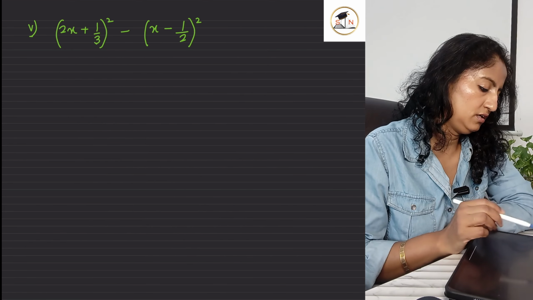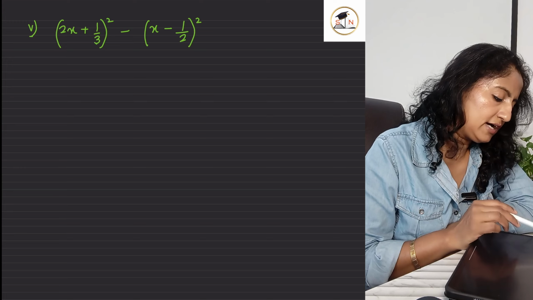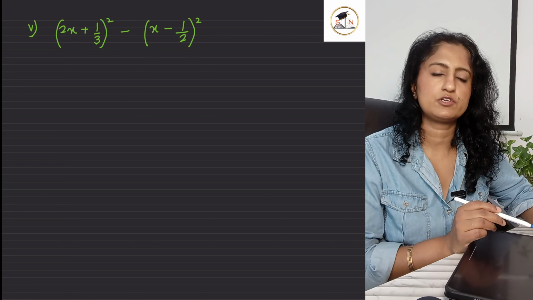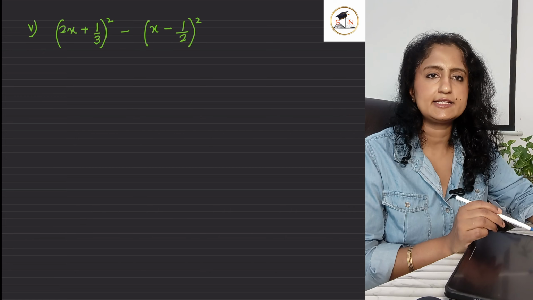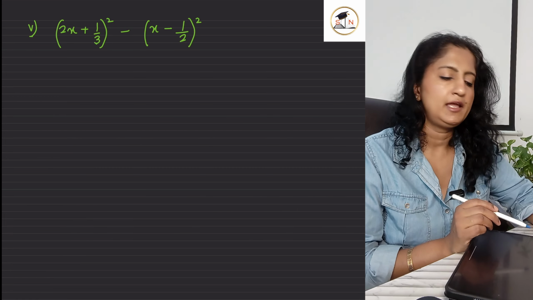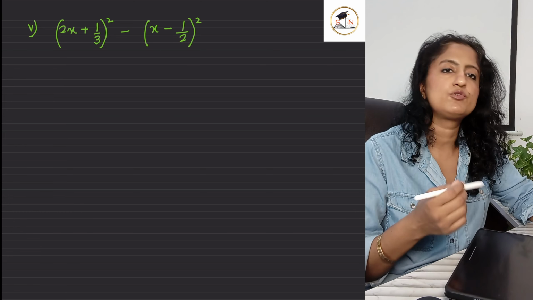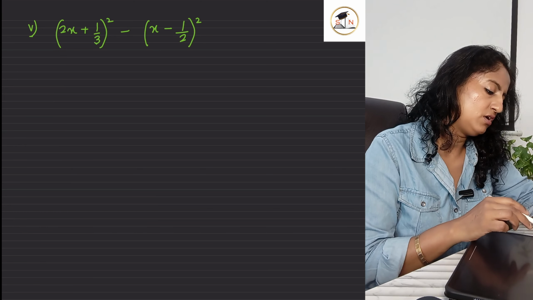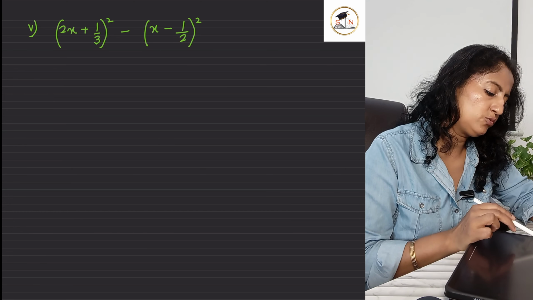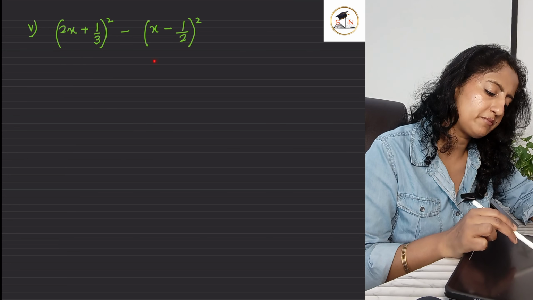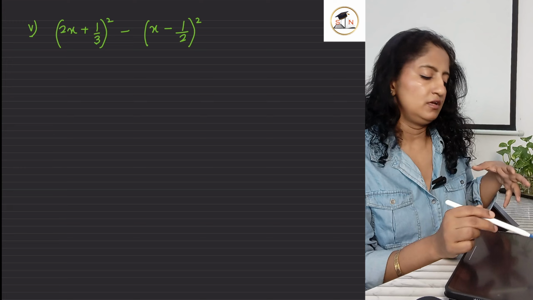Now the last question for this factorization. I had picked quite a few examples for this identity because, as I said earlier, it has a lot of variety. I wanted to showcase the different variety of questions so as to give you exposure. Now what we have over here is (2x + 1/3)² − (x − 1/2)².